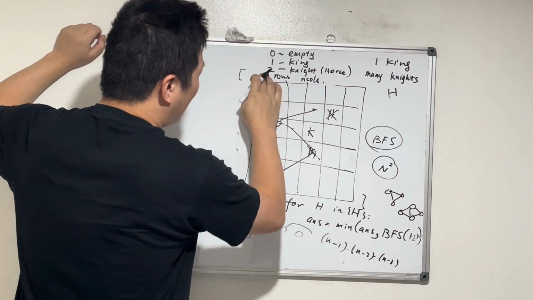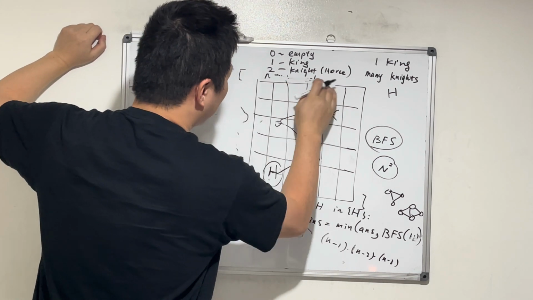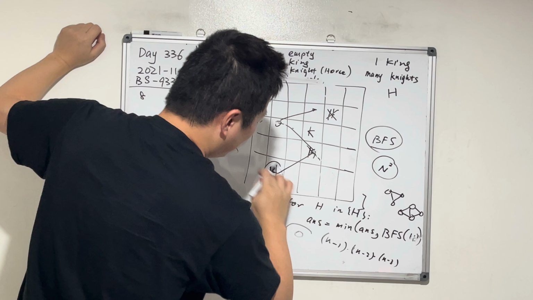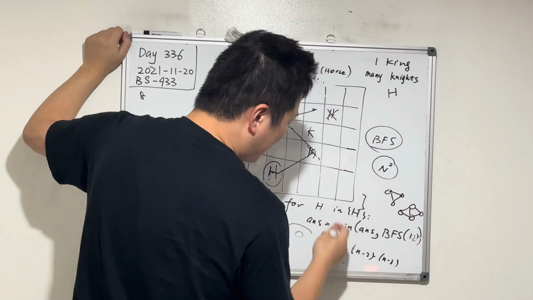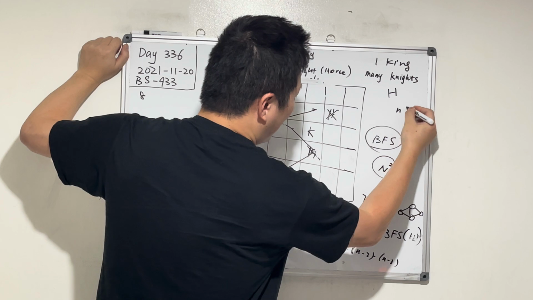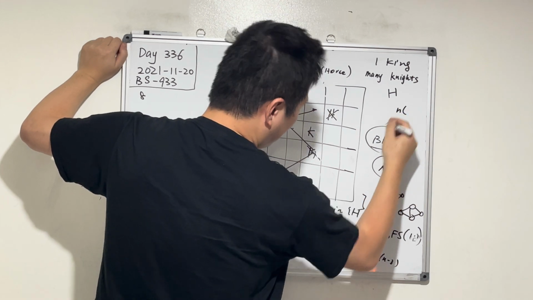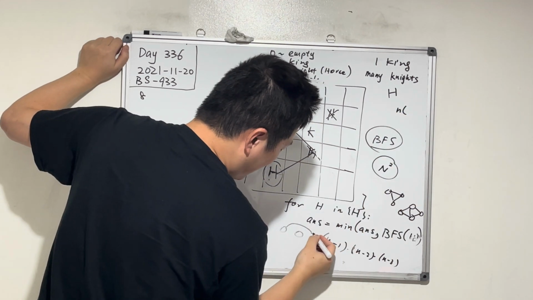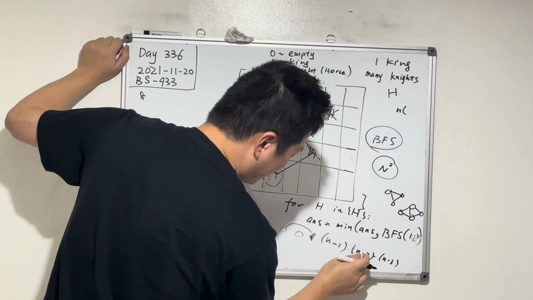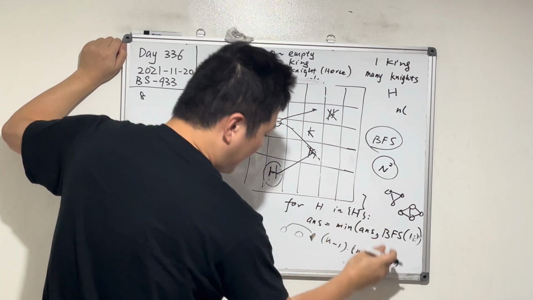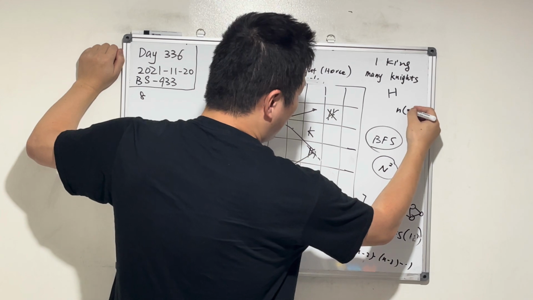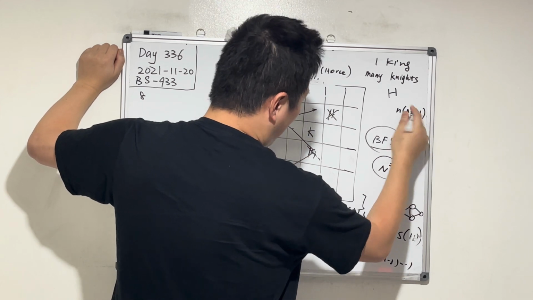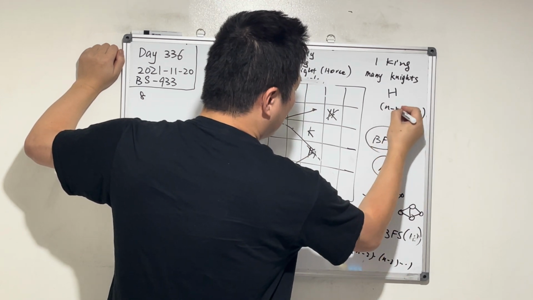So let's consider there are n cells, not n rows and columns. There are n vertices, and the number of edges is n times n minus 1 divided by 2.